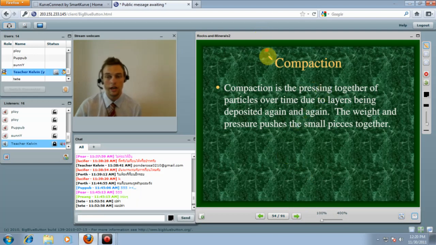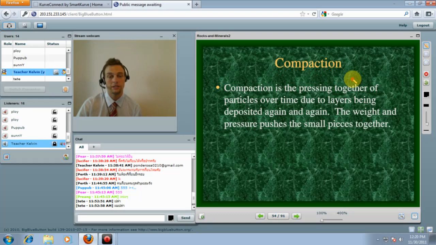This is another type of rock formation. So we've moved on from weathering, and now we're talking about how rocks are formed. We have the lithification, or the gluing of rocks together, cementation.